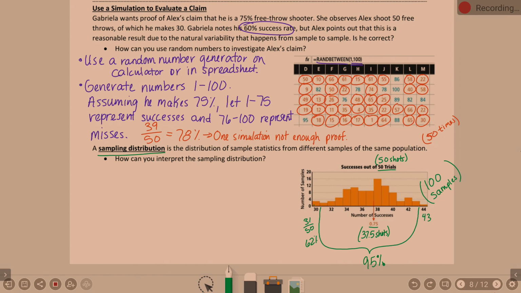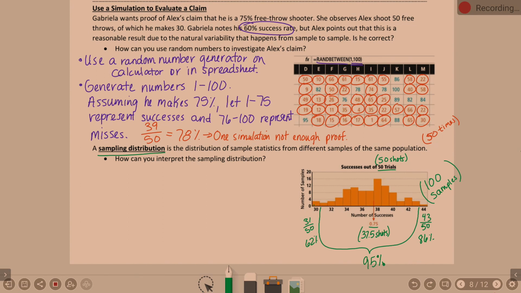You guys are making that way too hard. It's 31 over 50. How do you get to 100%? How do you get that denominator to 100? You times it by 2. Okay? 43 out of how many? 50. What's 43 out of 50? 86%, because you're just doubling it to get to 100.